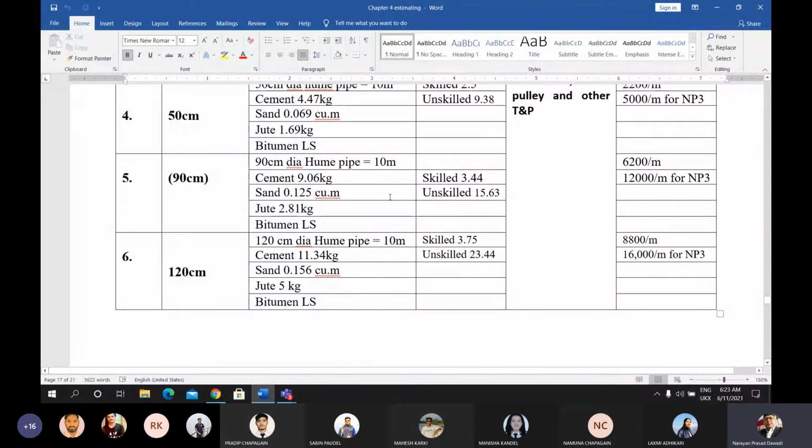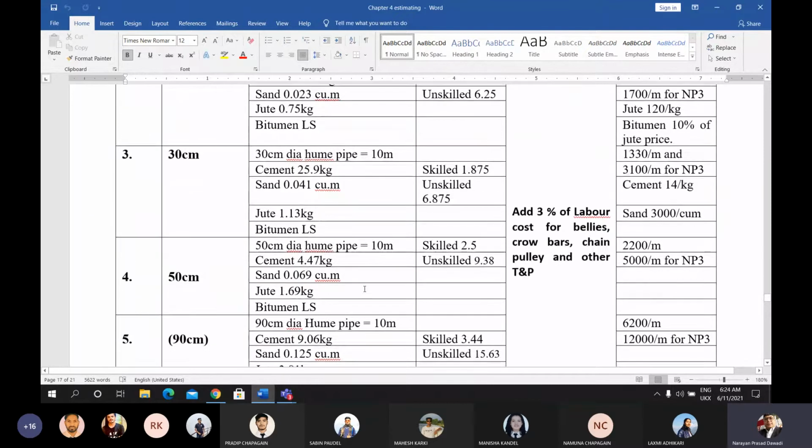Cement 9.06 kg, sand 0.125 cubic meter, jute 2.81 kg, bitumen lump sum, and skilled manpower is 3.44 number, and unskilled manpower is 15.63 number. The rate for 90 centimeter NP2 pipe is 6200 per meter, whereas the NP3 pipe cost is 12,000 per meter. Okay, this is the expensive pipe.